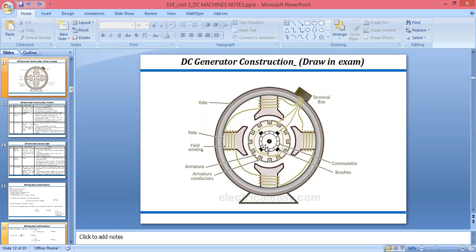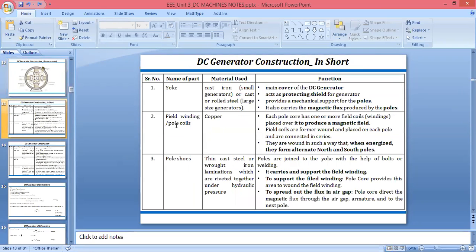Again, we are using the commutator. Commutator is inside the armature, and we are using brushes on the commutator to make connections between our DC generator and the other device. I have given here all the descriptions for the parts which we are using in a DC generator.